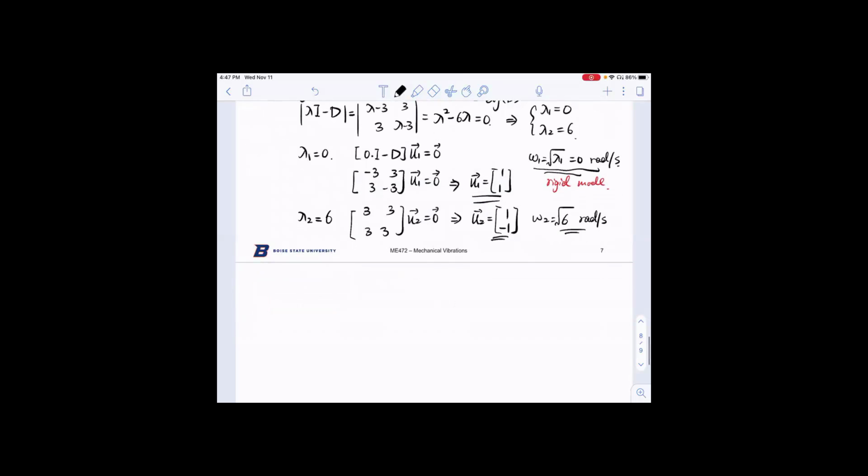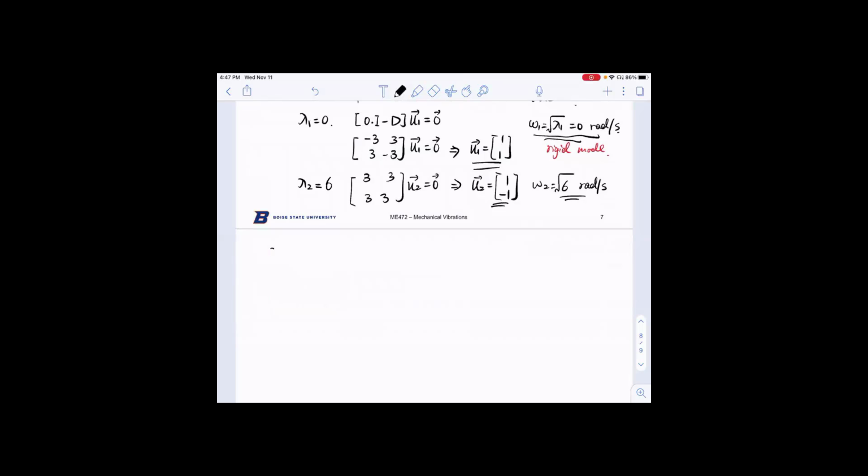So once you have all your mode shapes and natural frequencies, remember that the next step is to reconstruct the solution x(t). How to reconstruct it? You can do it in two different ways, as I mentioned last time. Option 1 is a1 sine(omega 1 t plus phi 1) u1 plus a2 sine(omega 2 t plus phi 2) u2.